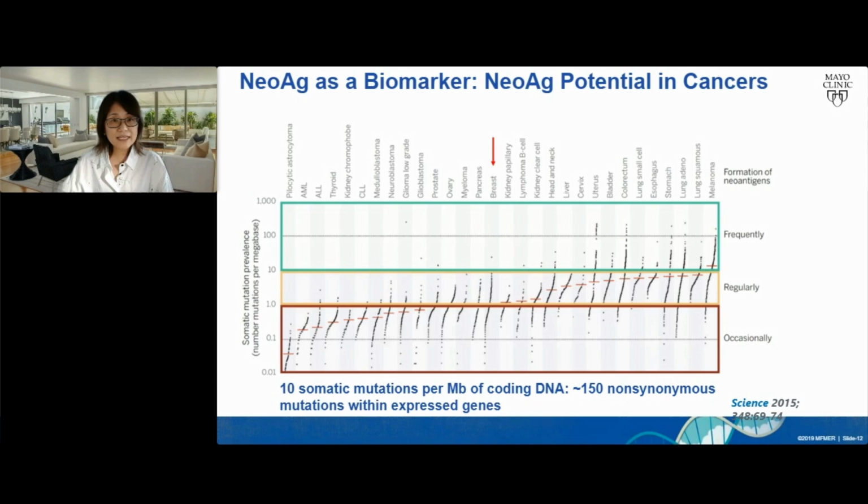Here, I highlighted breast cancer, pointed to by the red arrow, which has medium levels of TMB, to show in the next few slides that TMB underrepresents neoantigen load and is not an accurate surrogate.